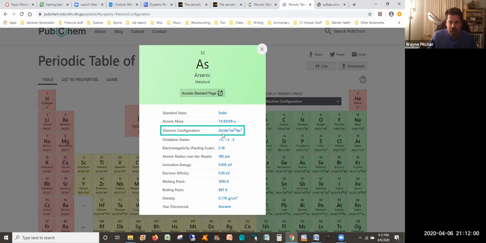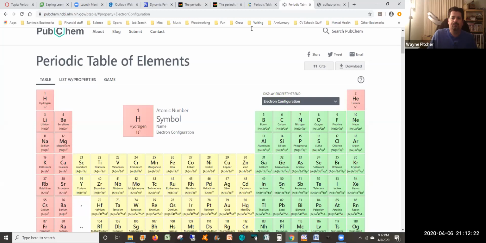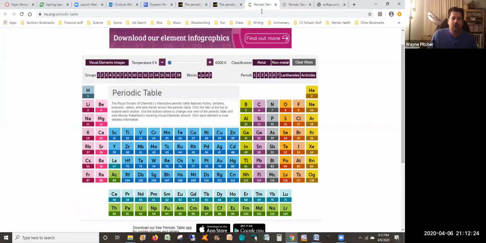And this is a shorthand way of indicating where the electrons are. And what it says is that the electron configuration of arsenic is the same as argon, so that's brackets argon, and then 4s2, 3d10, 4p3.